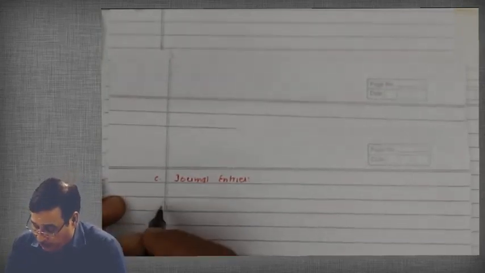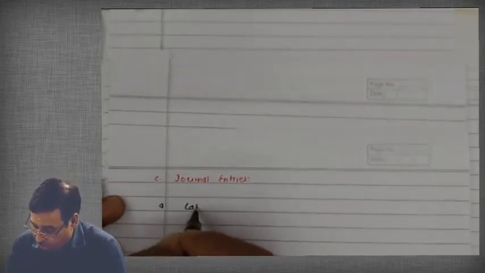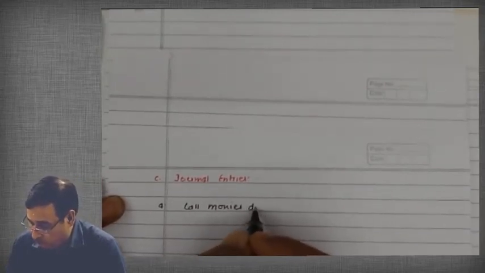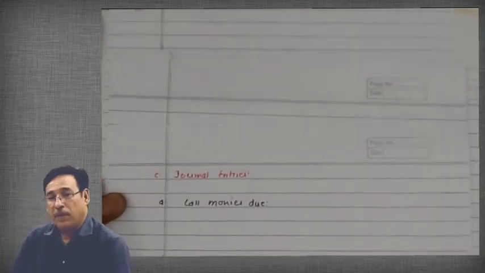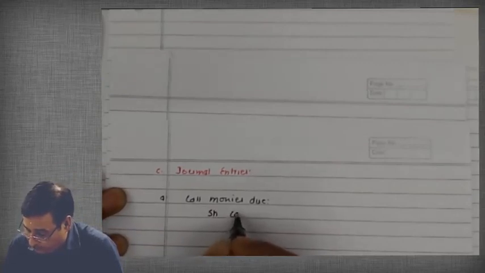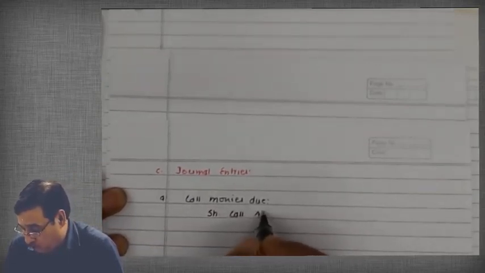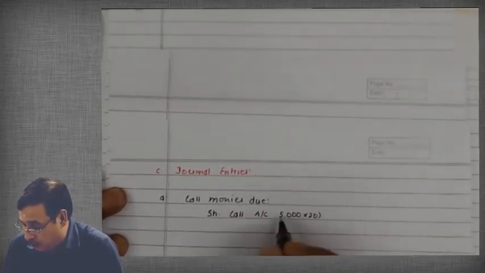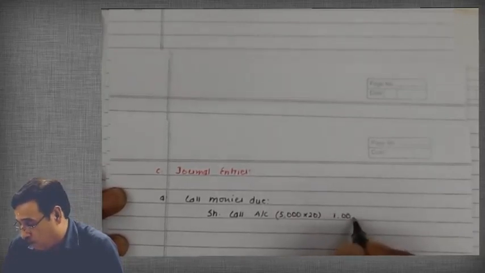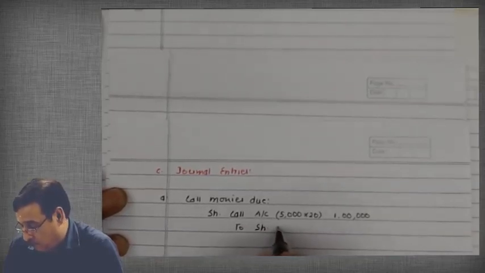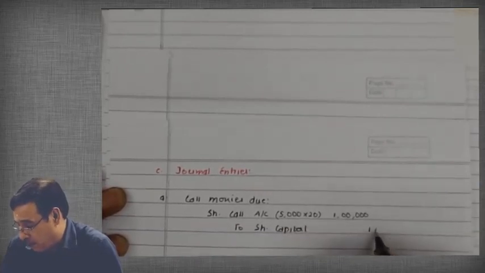So entry number A, call money due. Correct? We will write here share call account debit, 5,000 shares into uncalled amount 20, 1 lakh, to share capital 1 lakh.